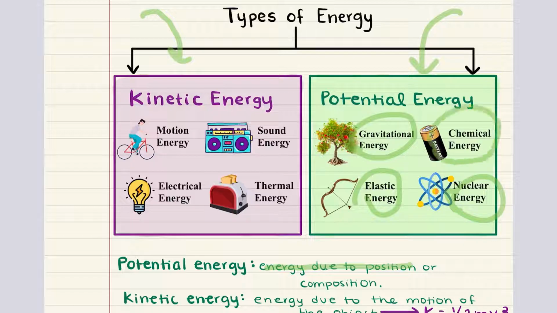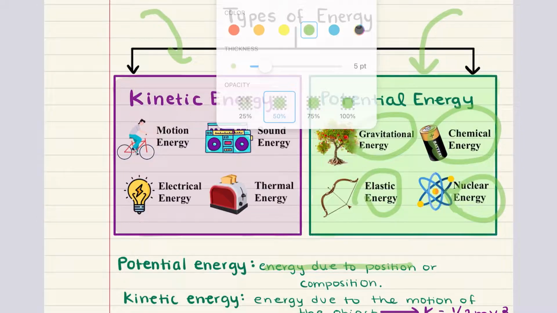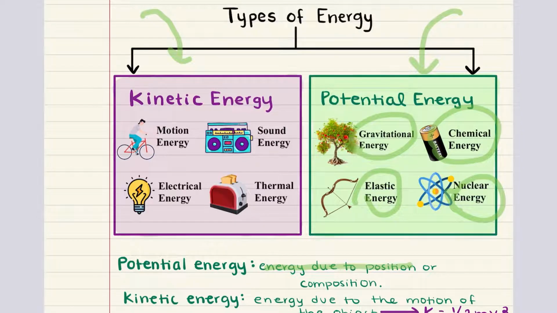And chemical potential energy, which is energy stored in chemical bonds between atoms and molecules. Then we also have kinetic energy. Kinetic energy is energy due to the motion of the object. Various types of kinetic energy include motion kinetic energy.